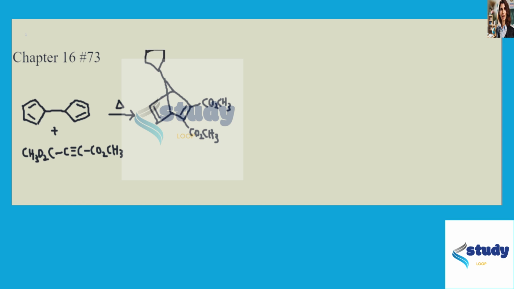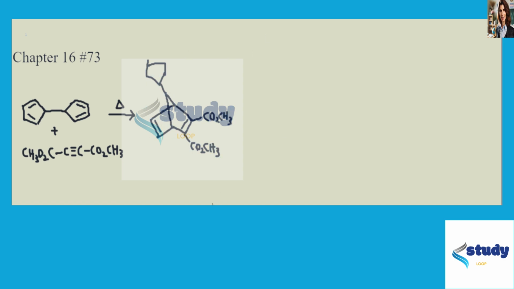So let me move this down a little bit just so that there's room to see everything. There we go. Okay. Right. Okay. And so, like I said, we have basically a second equivalent of cyclopentadiene up here.